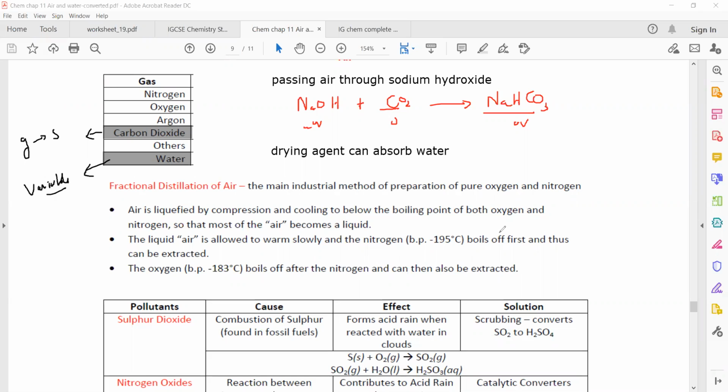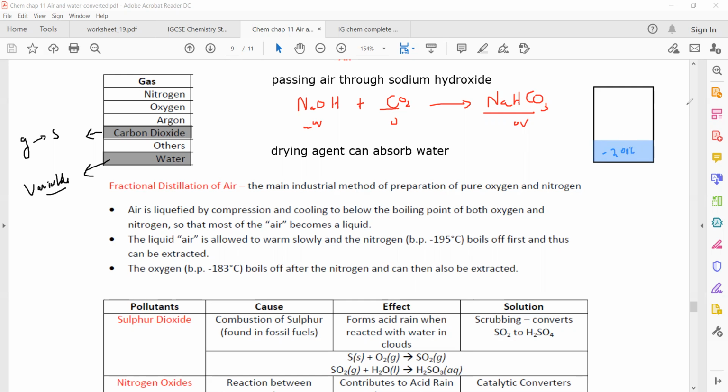So when the liquid air warms, for example, first we cool down this liquid air, and liquid air is pale blue, light blue in color because of oxygen. We liquefy the air around minus 200 degrees centigrade.